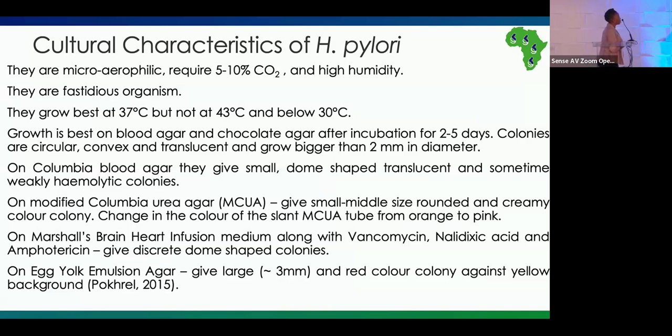They are fastidious, they require special enrichment medium, and this can be made available through the addition of vitamin mix and horse serum into an agar base, which could be GC agar, Columbia agar, Brain Heart Infusion agar, or Brucella agar, and then the growth is based on blood agar. That can be created with horse blood or horse serum, and incubation for about 5 days.